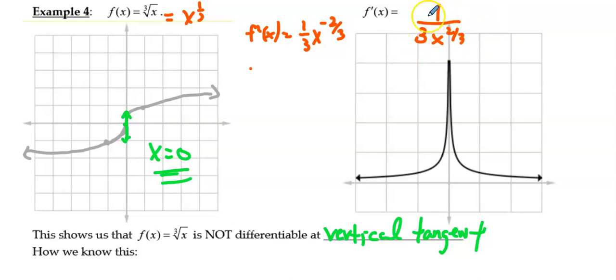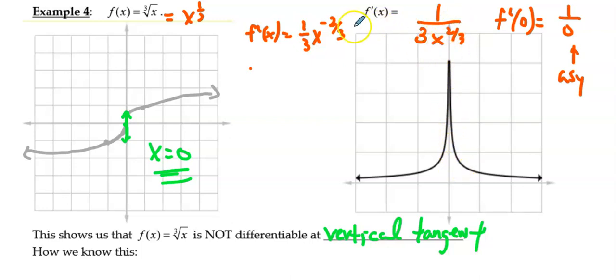And ladies and gentlemen, if I ask you to evaluate this at f prime of 0, you're going to plug 0 in here, and you're going to get 1/0, which means that there is actually an asymptote at x equals 0. So now remember, a vertical tangent for the function ends up turning into an asymptote for our derivative function. Again, we can't put a value on this.